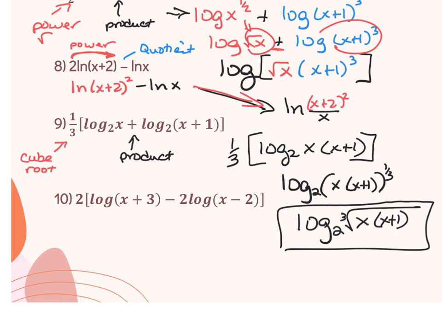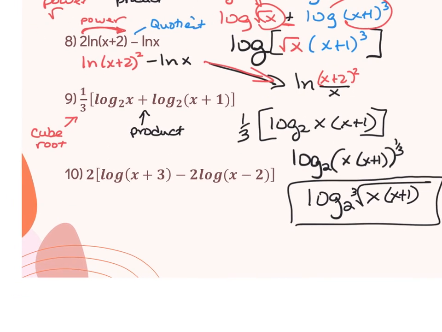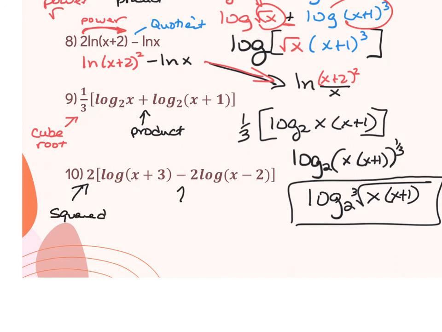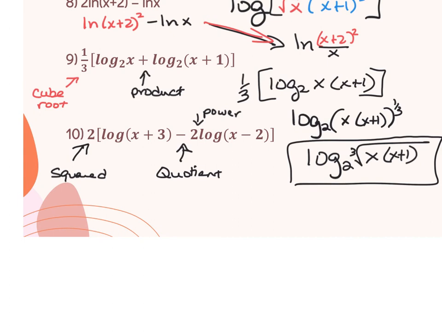And then number 10, again, we've got a power out here, so everything is going to be squared. I've got a subtraction sign, so this is going to be a quotient property. And I've got a power here. So we know we're going to have a fraction, and then the whole thing will be squared.